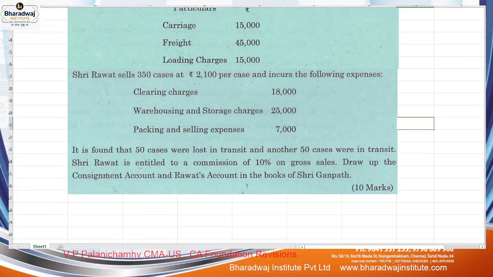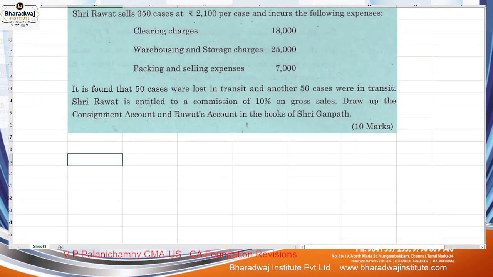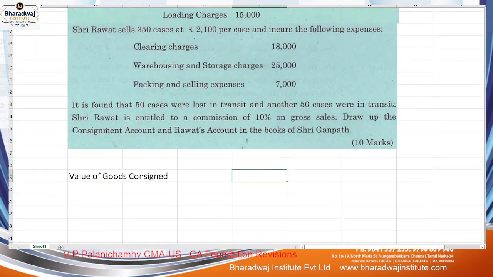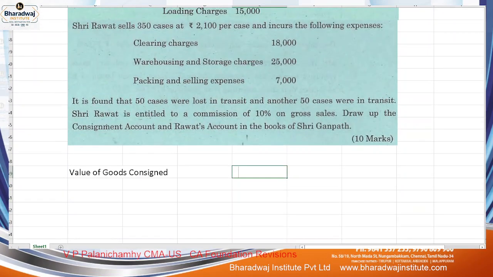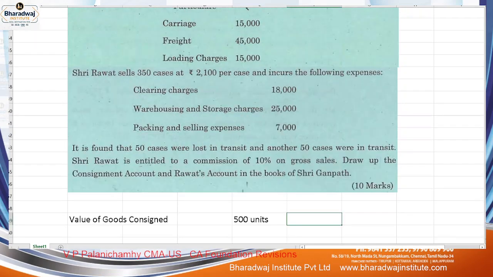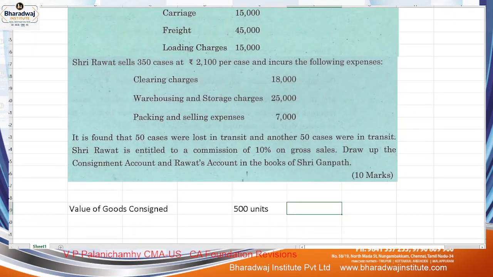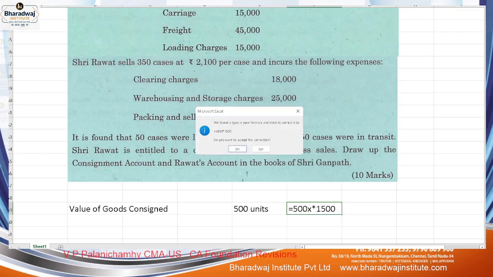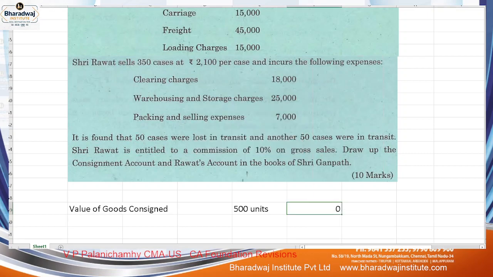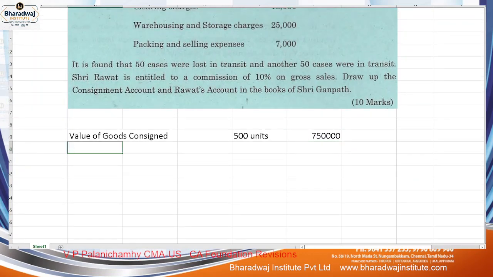Shall we start? Value of goods consigned. How many units are consigned? 500 units. What is the value of those units? 1,500 each. Then add consignor's expenses.